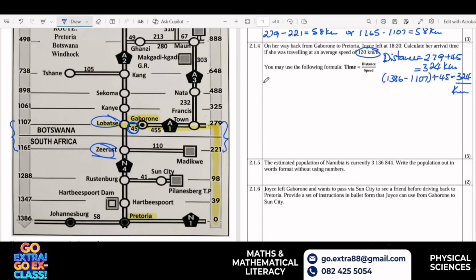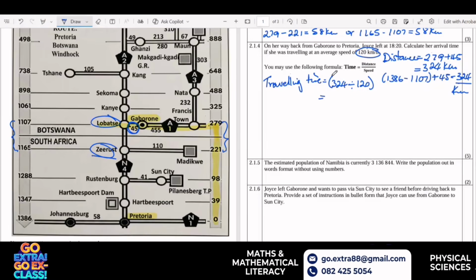The traveling time is going to be distance, which is 324, divided by the speed, 120. So therefore, it will give us something.